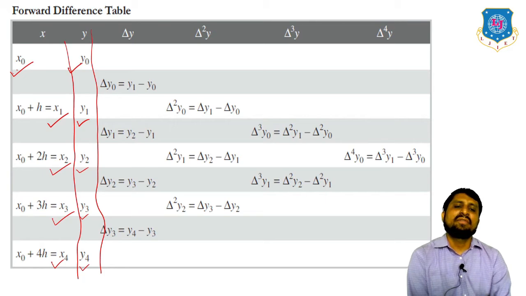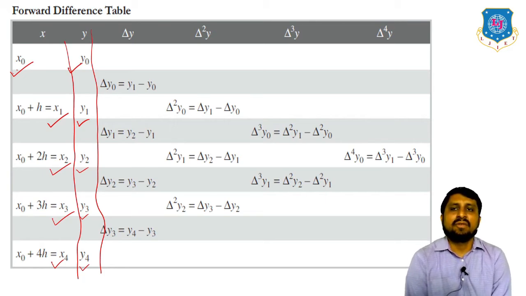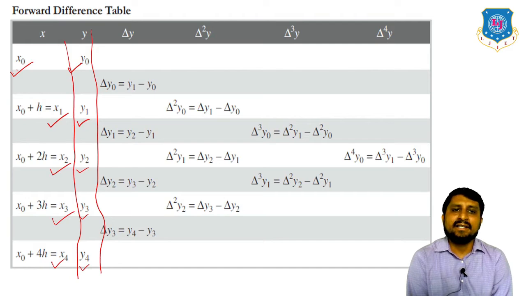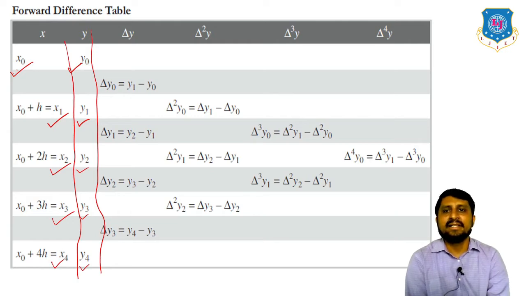Now to make a forward difference table, always skip one line between two entries. Between x0 and x1 you have to skip one line, between x1 and x2 you have to skip one line. Between any two entries in any column x and y, you skip one line. So you can easily make a forward difference table. Delta y0 is y1 minus y0.